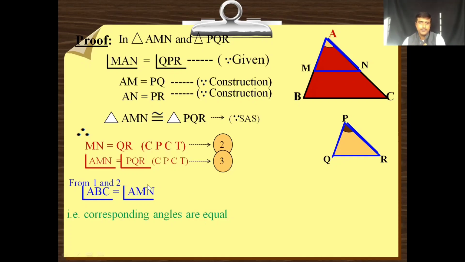But here, with the help of this SAS congruency criteria, I am proving that angle M and angle B are equal. That is, they are corresponding angles, and corresponding angles are equal only when the lines are parallel. So here I can mention the two lines MN and BC are parallel.